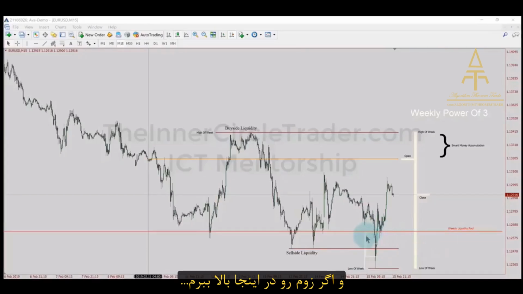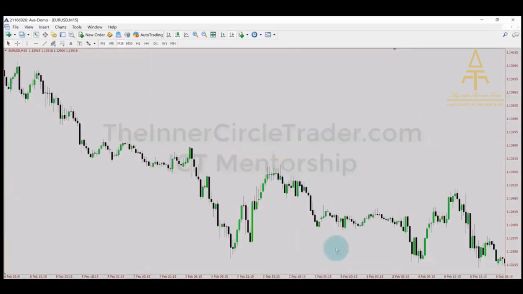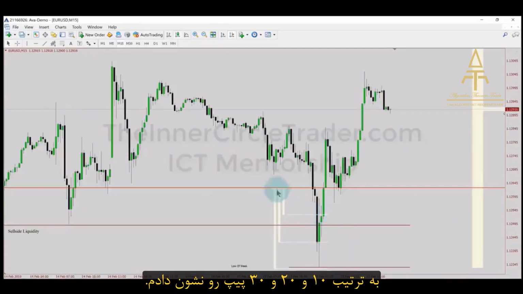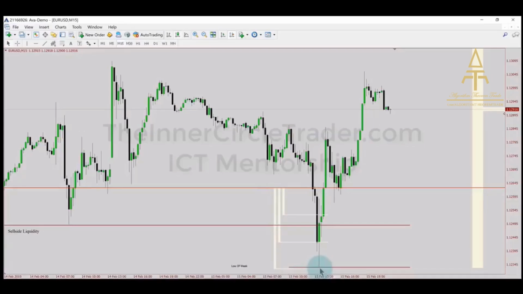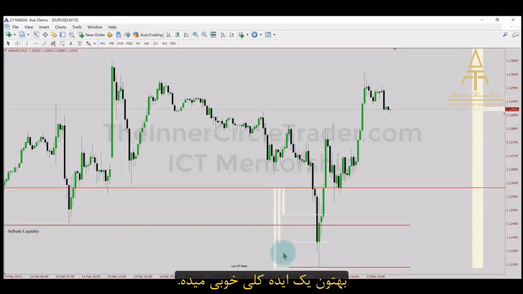So everything here, if we zoom in, 10 pip right here, 20 pip right here, 30 pip here. Just fell short of it. It's like 29 pips or whatever it was. Didn't quite get down to 30. But it gives you a nice rule-based idea every time we look for a run on liquidity.